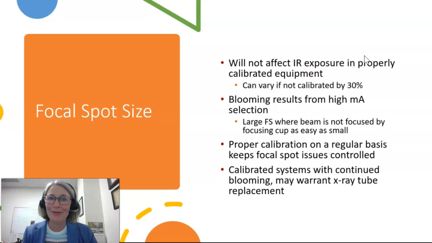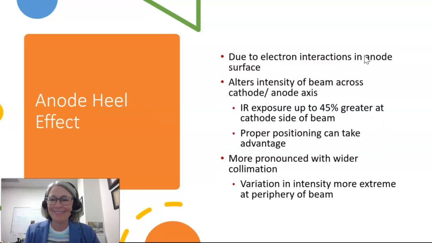It means something's not working and you need a new tube. So if you're going from small to large and you're shooting an elbow, let's say, and you're using a small focal spot and then you go to a large focal spot, if it changes by 30%, you might need a new tube. Or call out the service engineer, because if you go from small to large, it should look exactly the same. They've calibrated the machine to fix this.